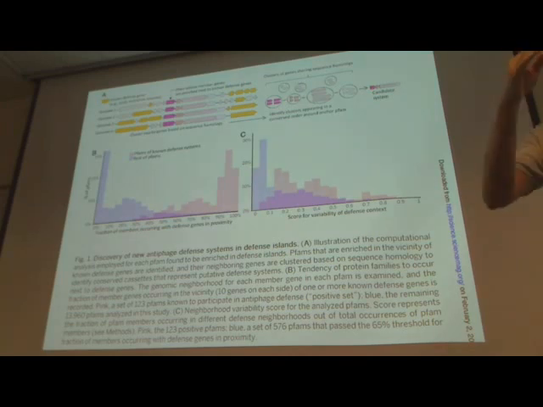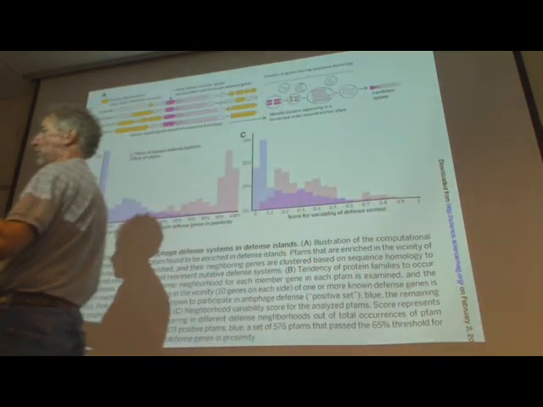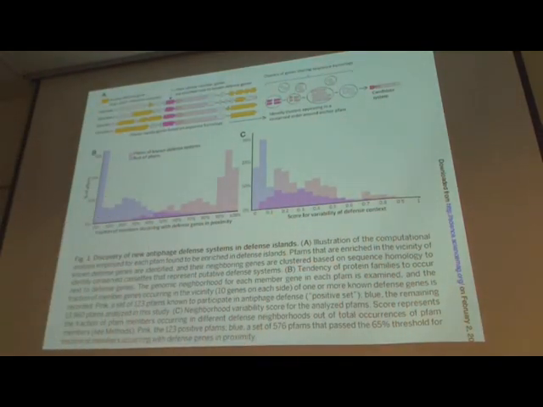And then they cataloged all the genes in each genome that are within 10 open reading frames of one of these known defense genes. They considered 10 open reading frames to be close in either direction. So they made a catalog of all the open reading frames for each genome that were found within 10 open reading frames of a known defense gene.